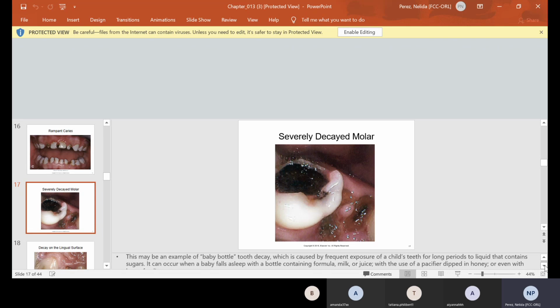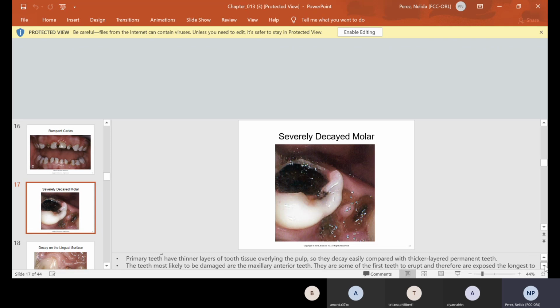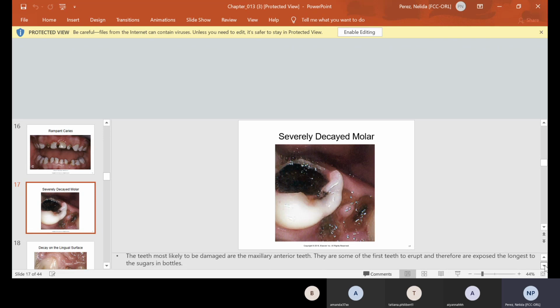People who dip pacifiers in honey or anything like that. Primary teeth have thin layers of tooth tissue overlying the pulp, so they decay easily compared with thicker layered permanent teeth. The teeth most likely to be damaged are the maxillary anterior teeth, because they're usually the first to erupt and therefore are exposed the longest to the sugar in bottles.